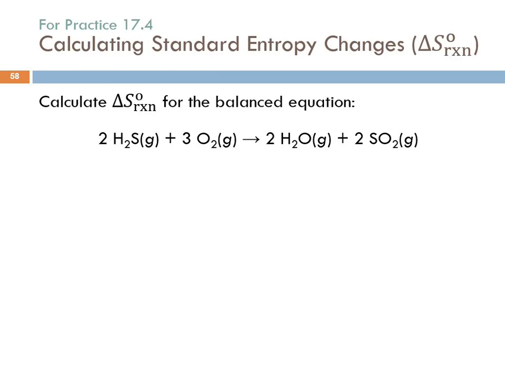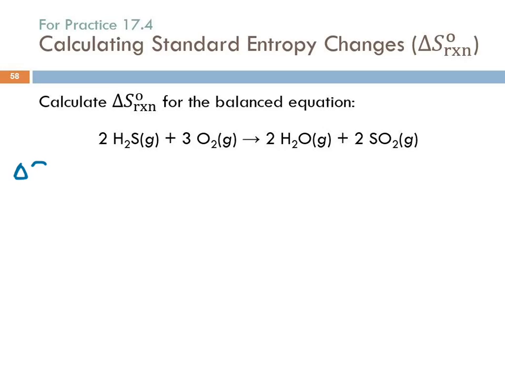Let's do a calculation. Calculate the change in entropy for this reaction. I brought my book in because we need a table. It's Appendix 2. So what we need here is the standard molar entropies for these.